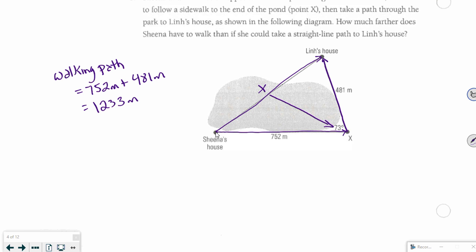So I've got two of my three sides of my triangle. I know the 73 degrees. I can solve for this straight across the pond distance. Solving for a side, so I want to write my formula with the side lengths.